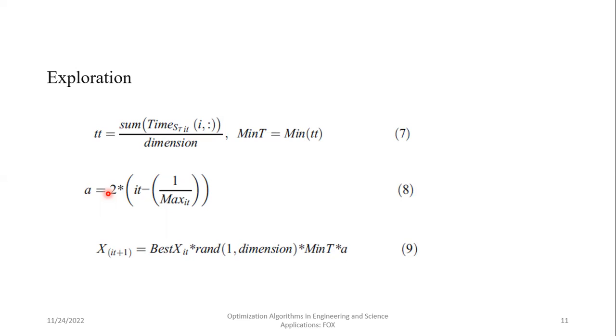We'll start with a value of 2, and then it will be reduced over the iterations. And then globally, we can find the new position of the agent or fox in this way: the best agent multiplied by a random number in the dimension and multiplied by the average time times the A parameter.